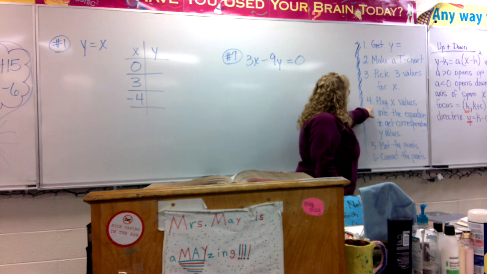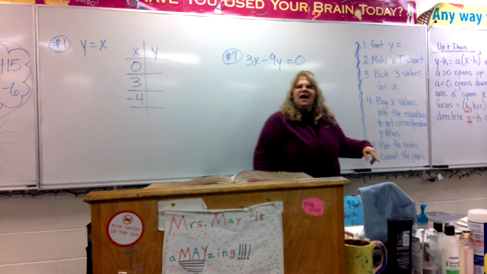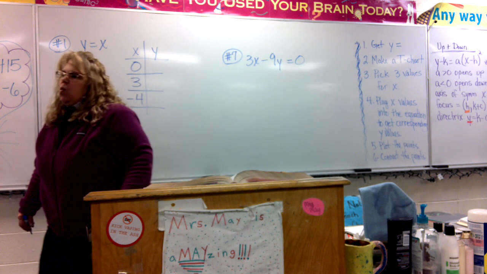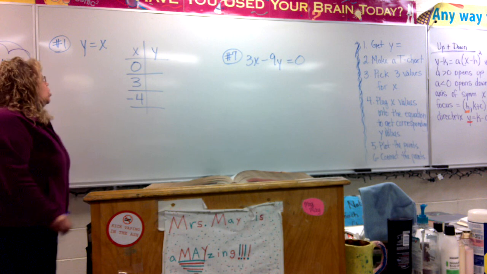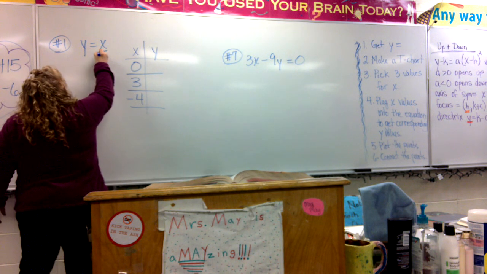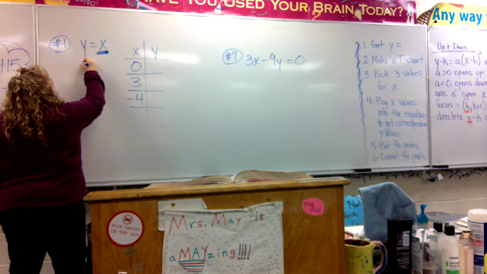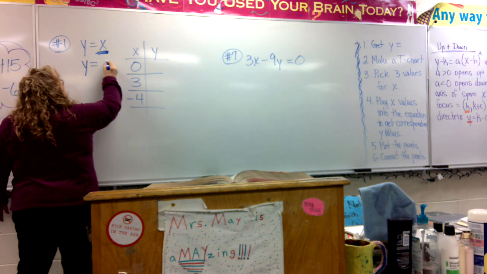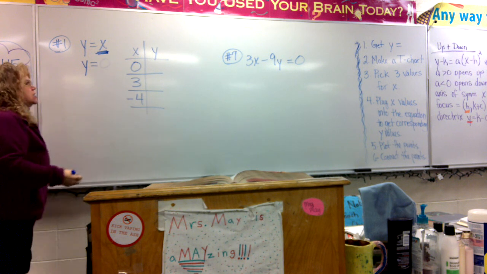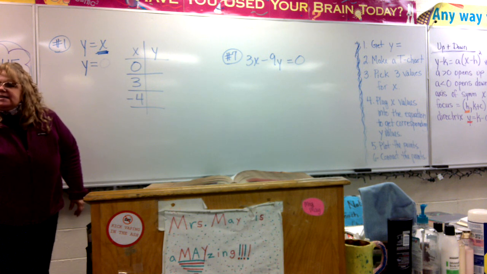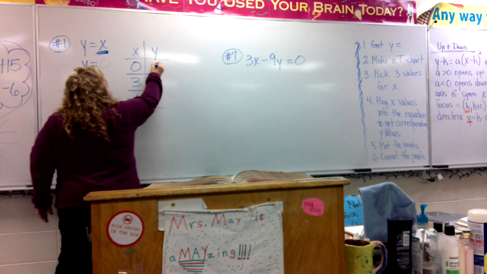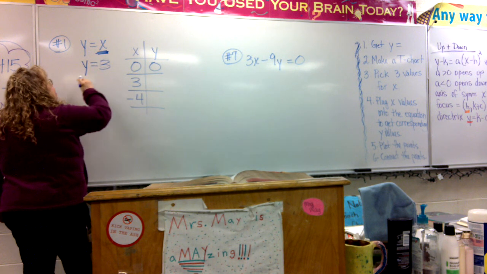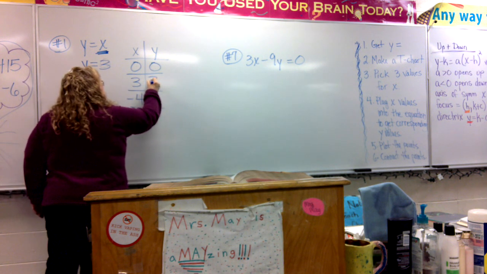The next step, you're going to plug the x values into the equation to see what y value goes with each one. So here's your equation. You're going to plug it in for x. Y equals, I'm going to put 0 in there first. So what do you get for y? 0. Then I'm going to put a 3 in there. What do you get for y?